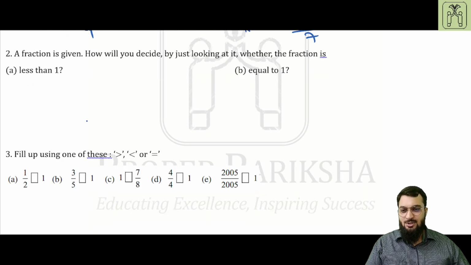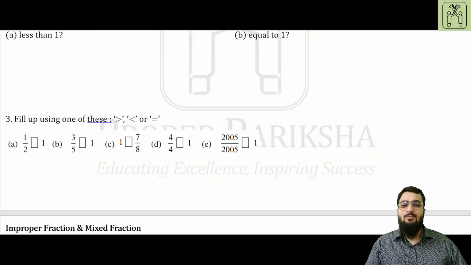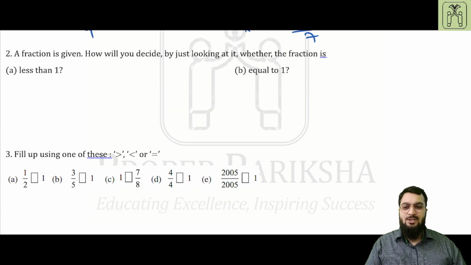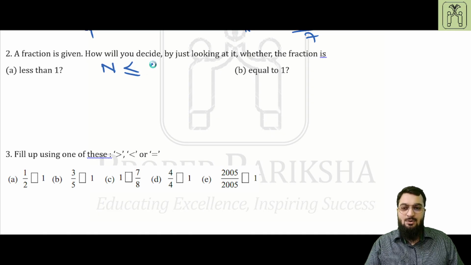Now the second question asks us, a fraction is given. How will you decide, just by looking at it, whether the fraction is less than 1 or equal to 1? So it is testing your concept of proper and improper fractions. Improper fractions will come later on. For proper fractions, if the numerator is less than the denominator, then it means that it is a proper fraction.